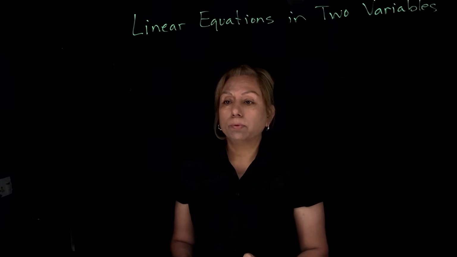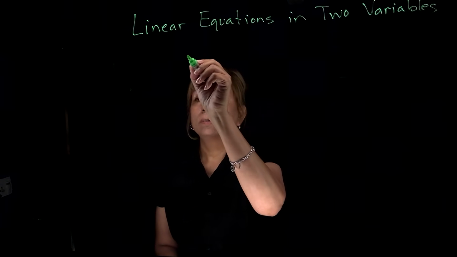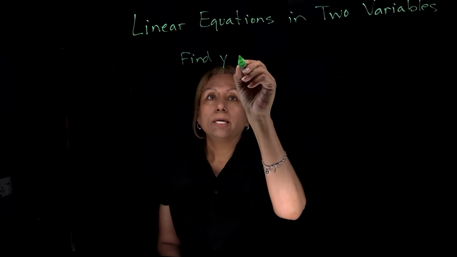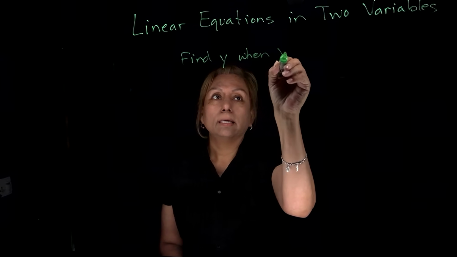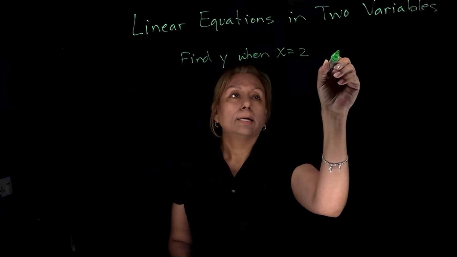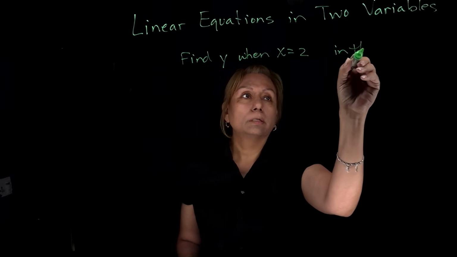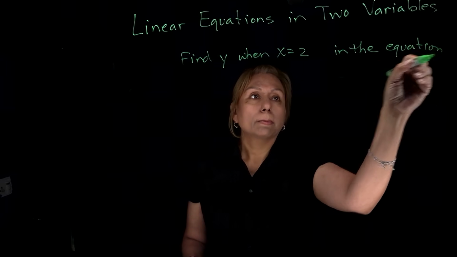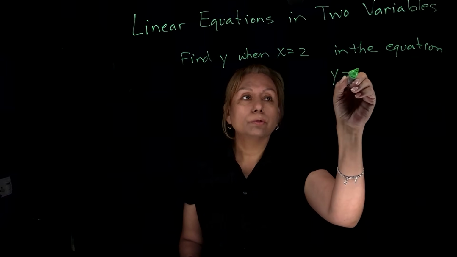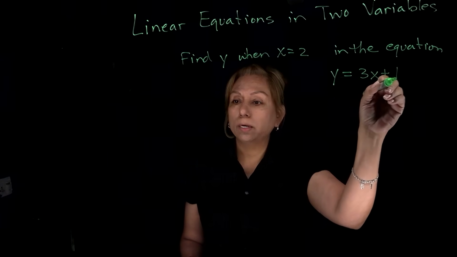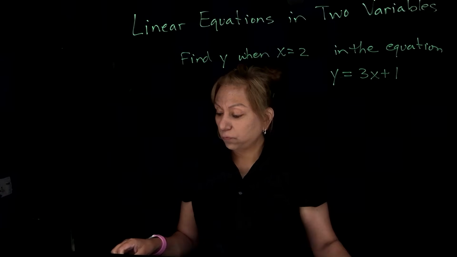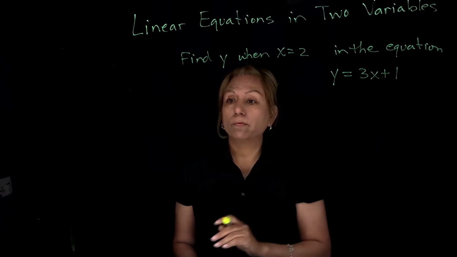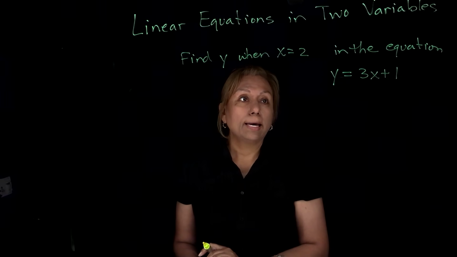So for example, if we want to find y when x equals 2 in the equation y equals 3x plus 1, then what we do first is we substitute 2 for every x in our equation.